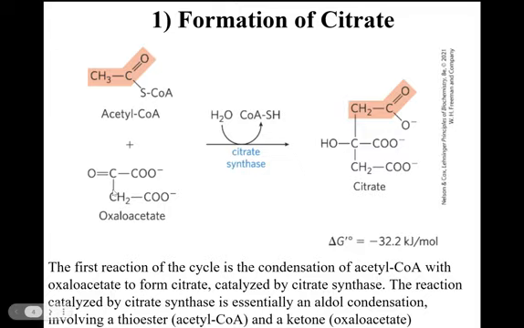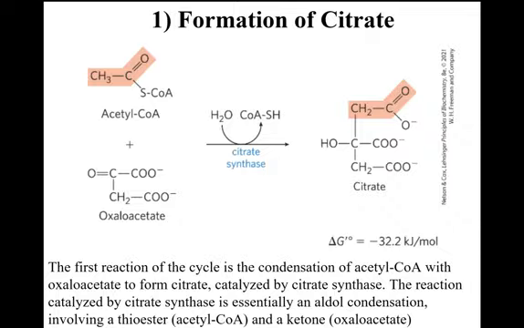That's why it can start all over again. The cycle keeps being fed with acetyl coenzyme A and producing oxaloacetate that will react with acetyl coenzyme A once again.